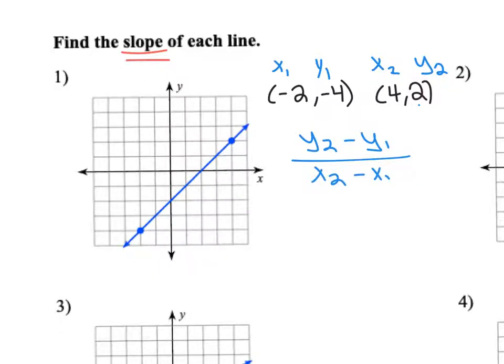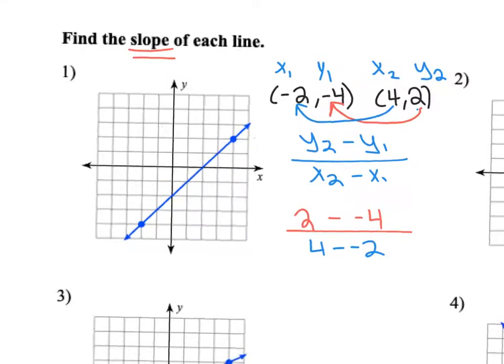So basically we have 2 points, so we're going to subtract our y's first. So I'm going to subtract my first y from my second. So 2 minus -4. So that's my y's. I'm going to find my difference by subtracting. Now I'm going to subtract my x's, so 4 minus -2.